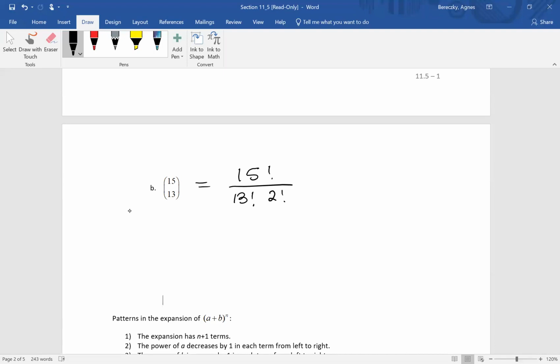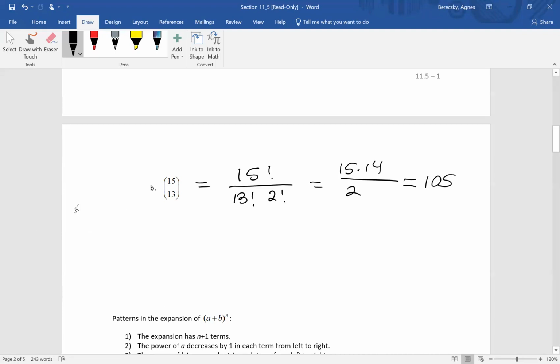So we know 15 factorial includes all the numbers down to 1. So only the 15 and the 14 will remain, because 13 factorial will cancel out with the numbers multiplying 1 through 13. 2 factorial is just 2. So the final answer will be 105.